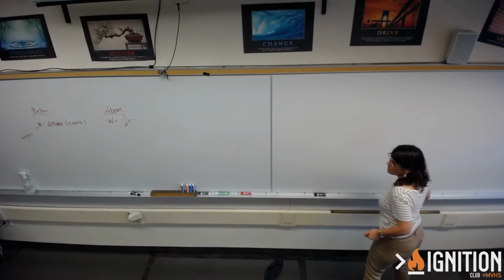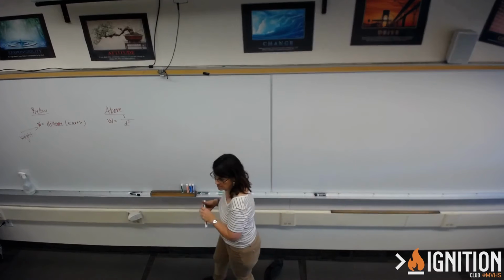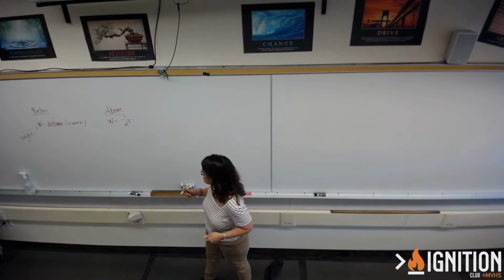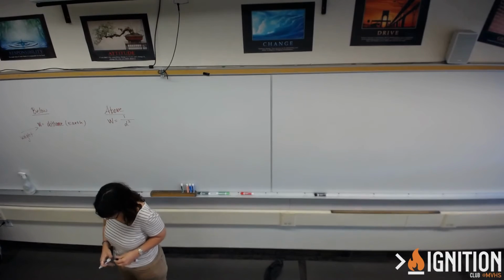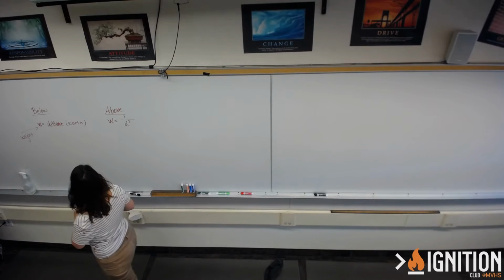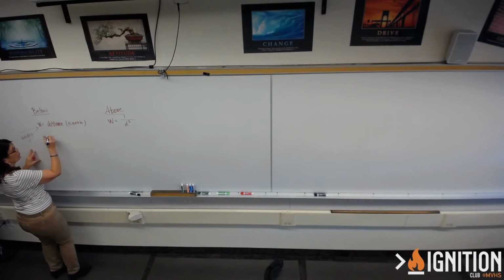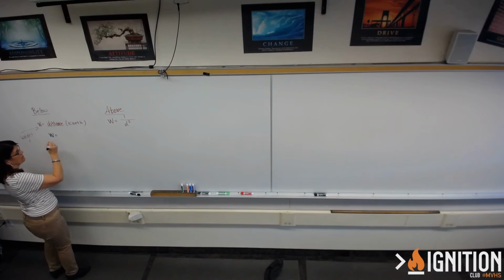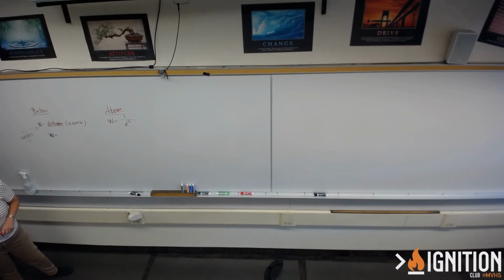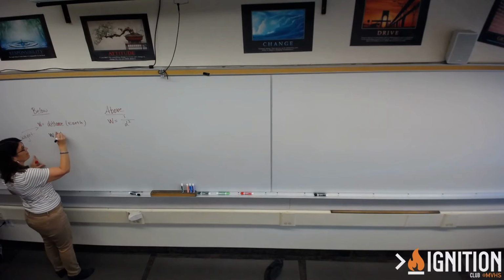Let's start with below. We're talking about how many thousands of miles? 4,000. Okay, so her weight. What's the distance again? 4,000 miles. The radius of the Earth.